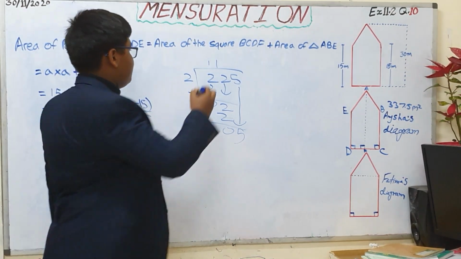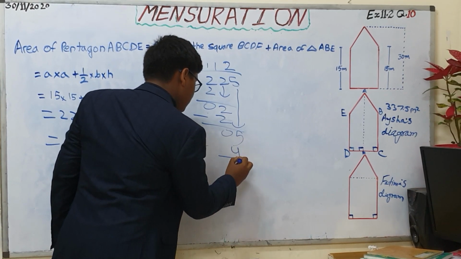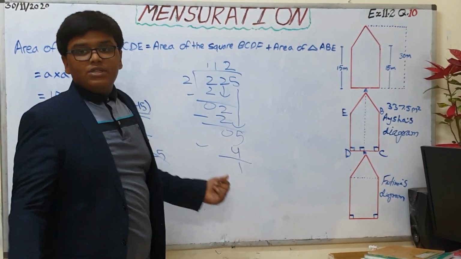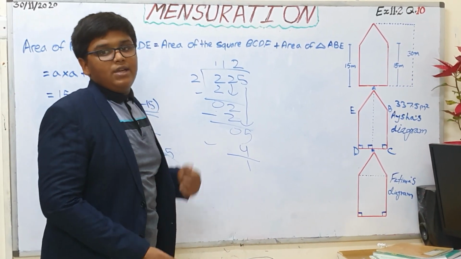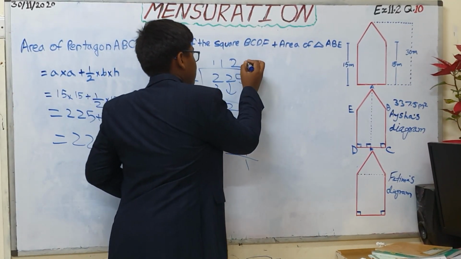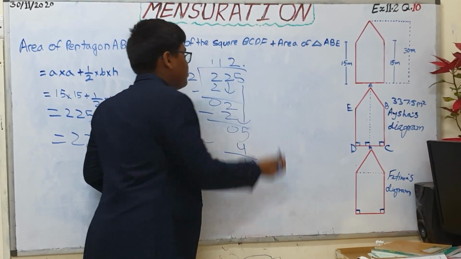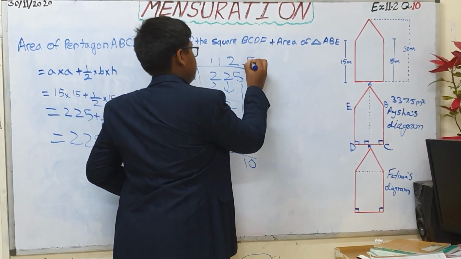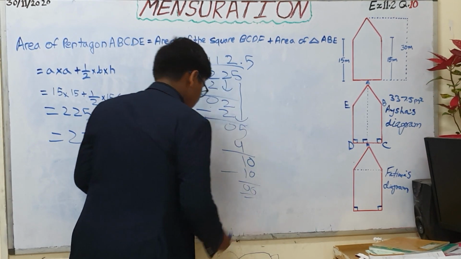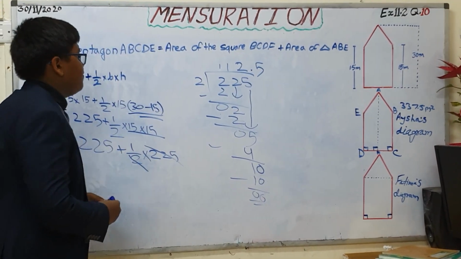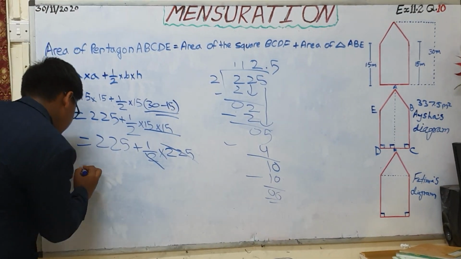We get the answer 112, and 1 is left, so we can't leave it without solving. So we put a point here and bring down 0. Then 2 5s are 10. Okay, now the answer we got is 112.5.